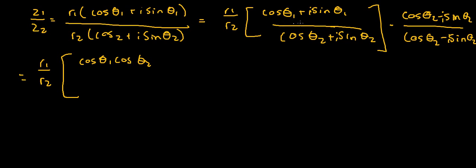Cosine theta 2, what's next? Is that minus? Yeah, it is minus. So minus i cosine 1 sine 2, plus i sine 1 cosine 2, and then this is minus sine, so I'm going to have minus sine times positive sine, but the i's are going to cancel out, so it'll become positive.